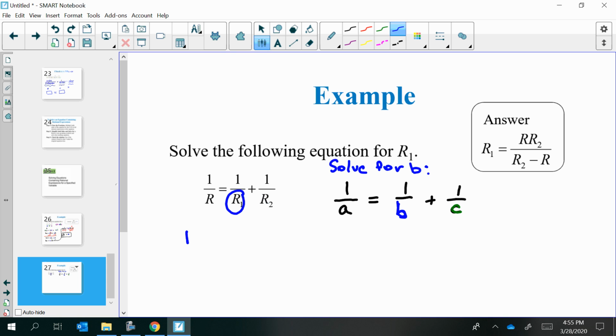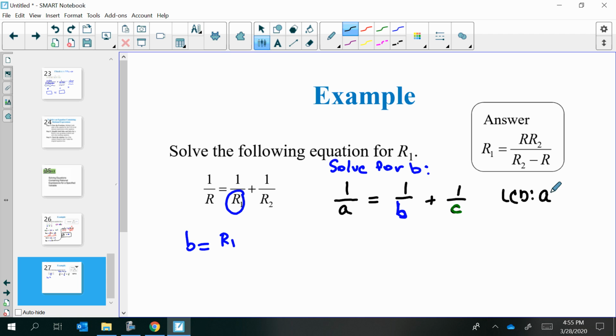So I kind of like this. B is your R1, so you're solving for B. All right, so once I've done that, then I'm just going to find the LCD and rewrite everything.